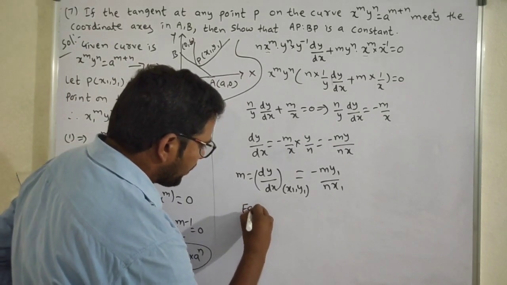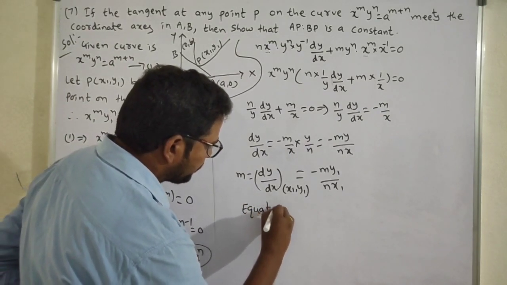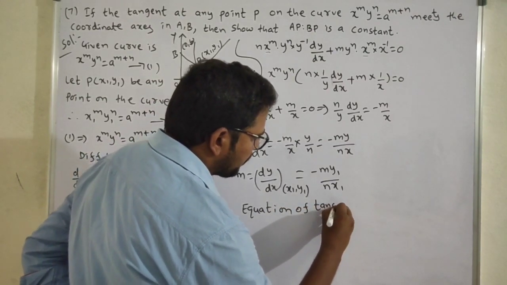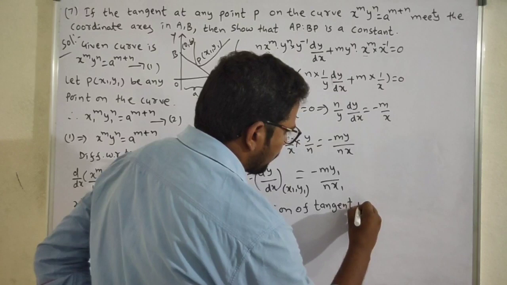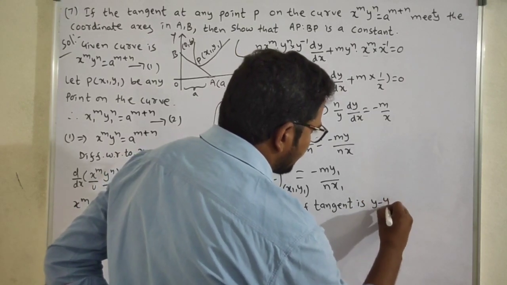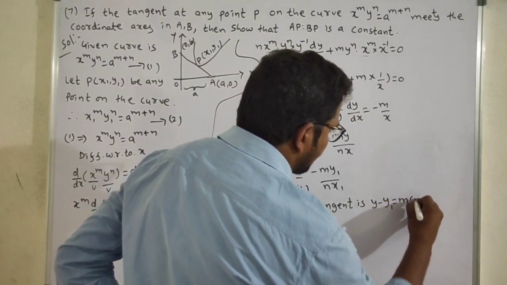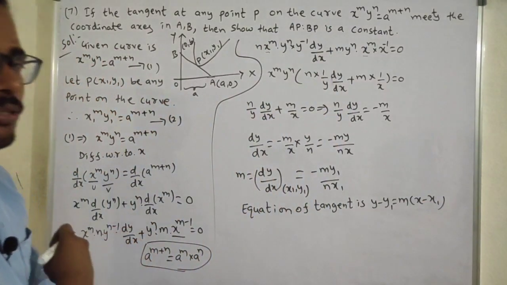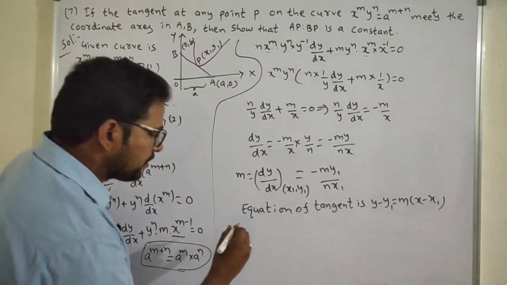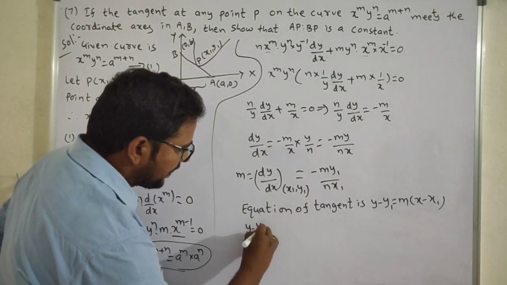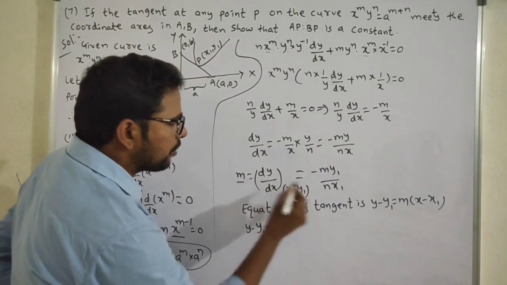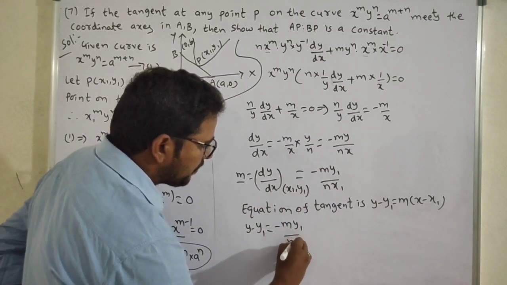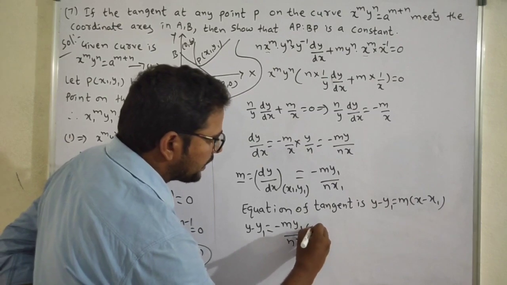Now write the equation of tangent. What is the formula? Equation of tangent is y minus y1 is equal to m into x minus x1. Substitute values: y minus y1 is equal to m, m means slope, minus m y1 by n x1 into x minus x1.